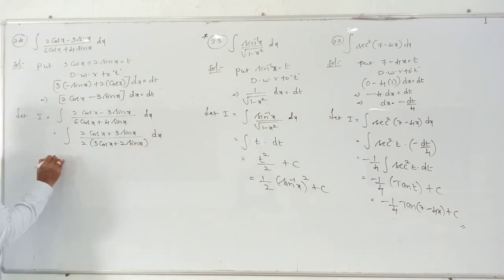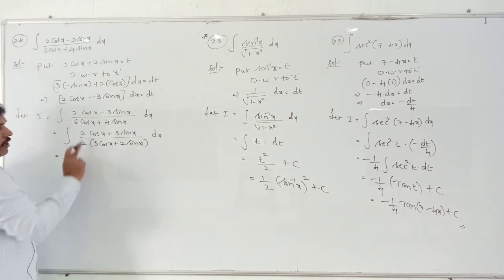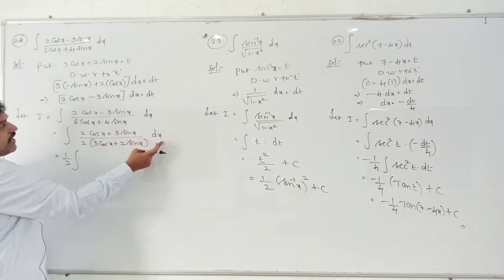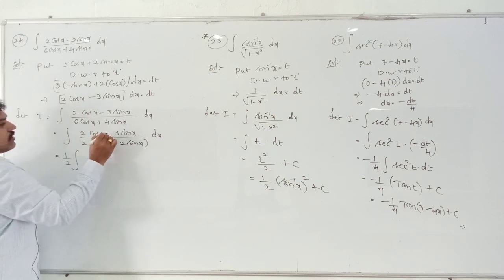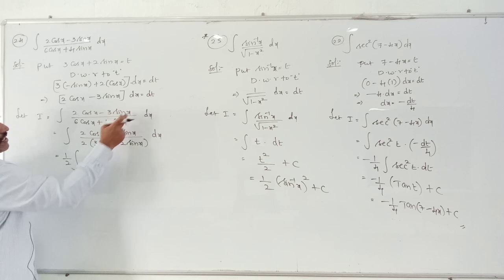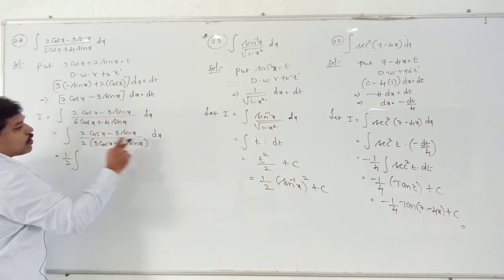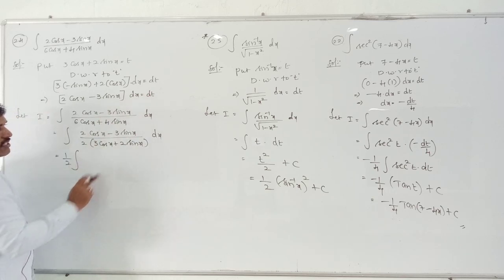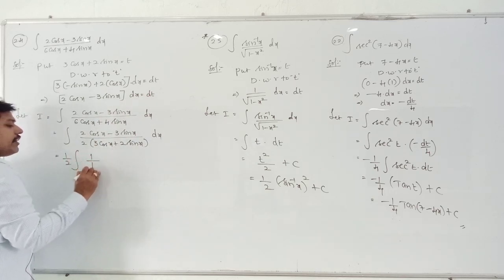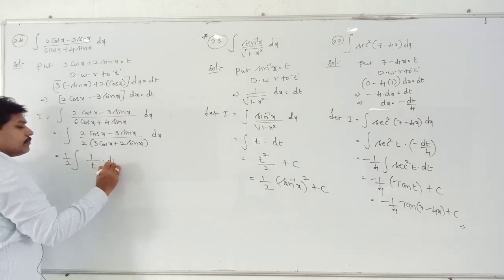So take this 1 by 2 out. What happens? 1 by 2 integral of 2 cos x plus 3 sin x into dx. So this is not the plus, it is the minus actually. So 2 cos x minus 3 sin x into dx. The total numerator will become dt. So the remaining value is 1 by t into dt.